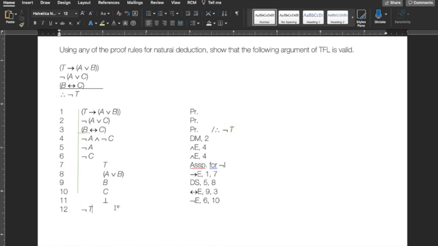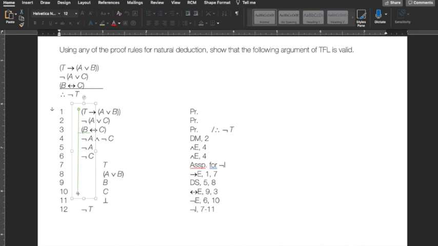So our proof is complete. We just have to justify this and mark the extent of our subproof. So this is justified by negation introduction, and the subproof ran from line 7 to 11. And then we just mark the extent of our proof.